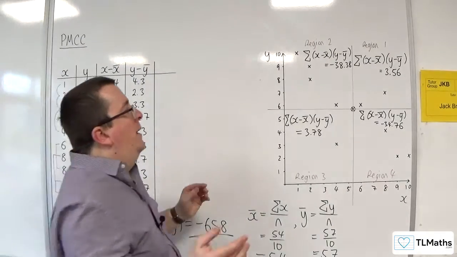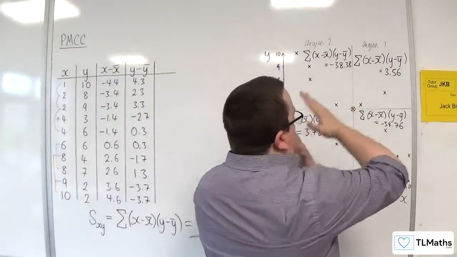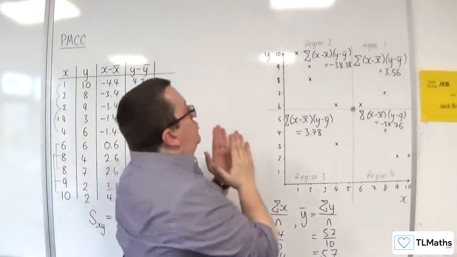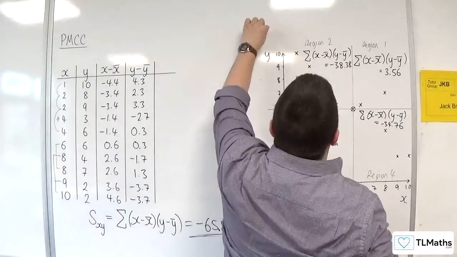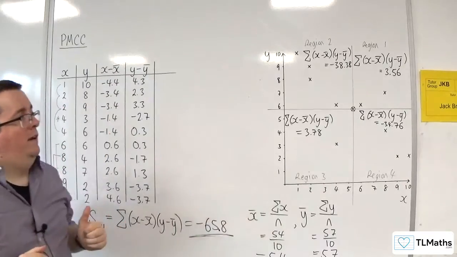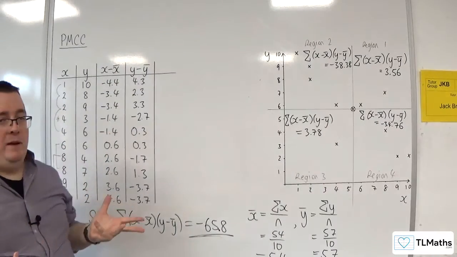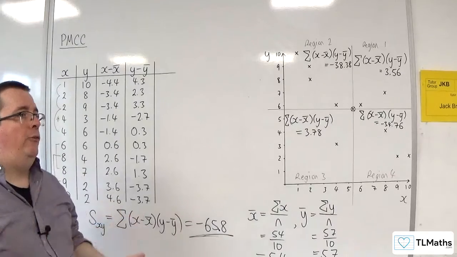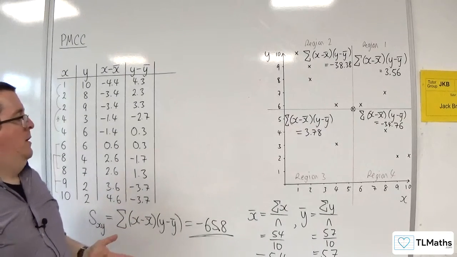Remember, we're looking at how close it is to a straight line. So if I just drag one of the data points along the straight line, on the line of best fit, then it shouldn't change how spread out the data is.